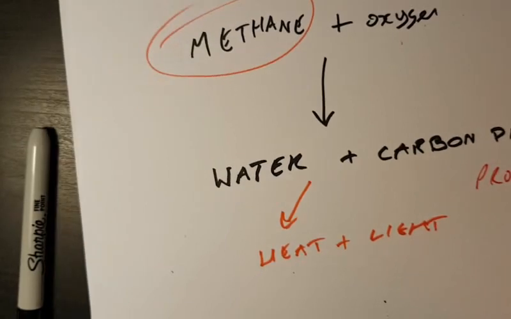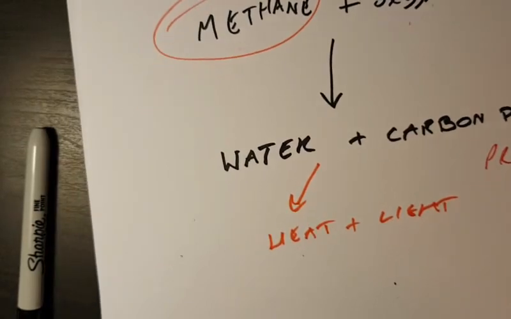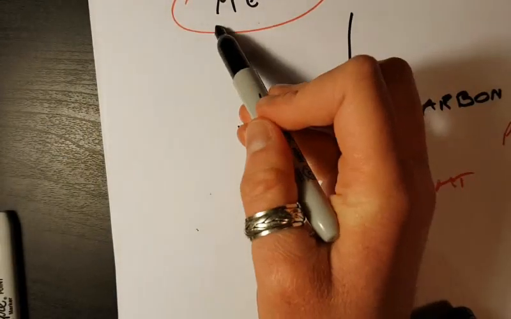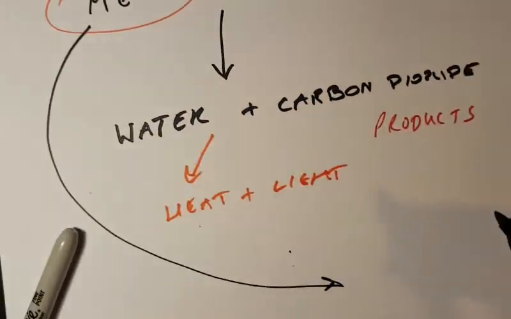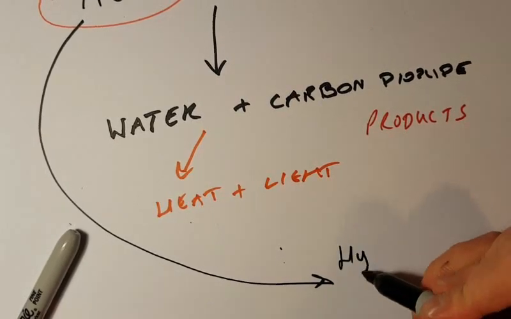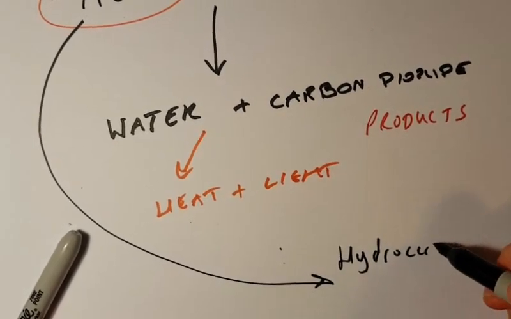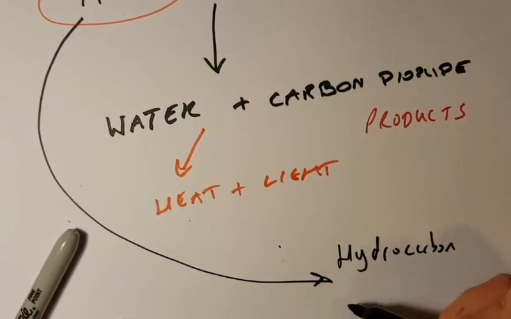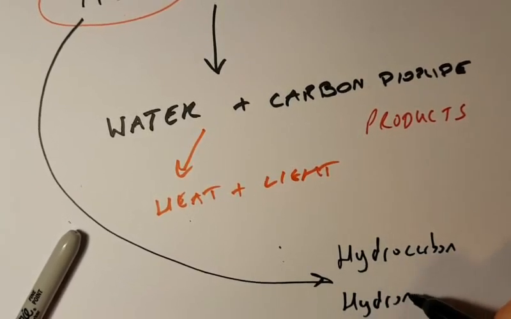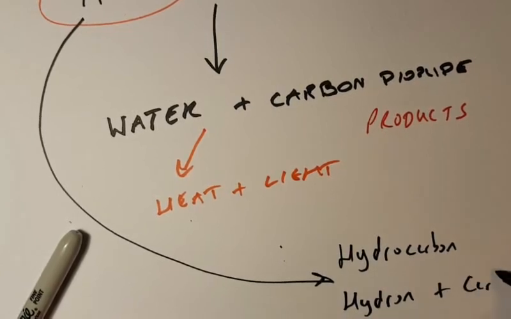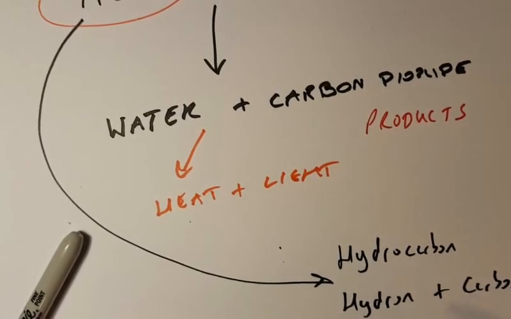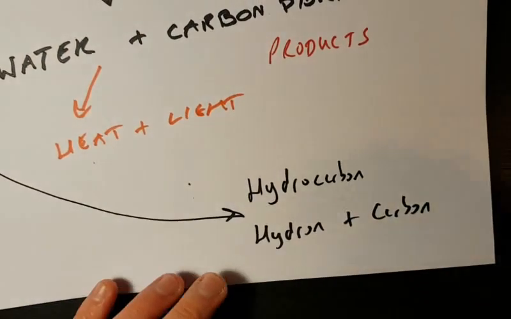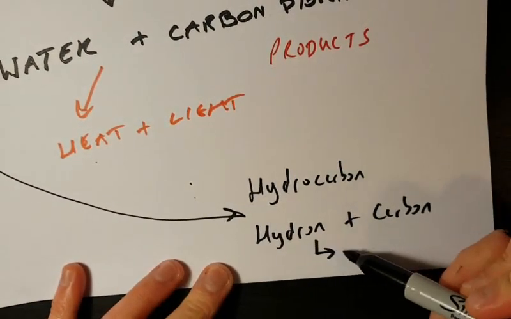So what is methane an example of as a fuel? Methane is an example of what we call a hydrocarbon. A hydrocarbon fuel is one that is made up of hydrogen and carbon. Examples of things like that are fossil fuels, like you might have heard of.